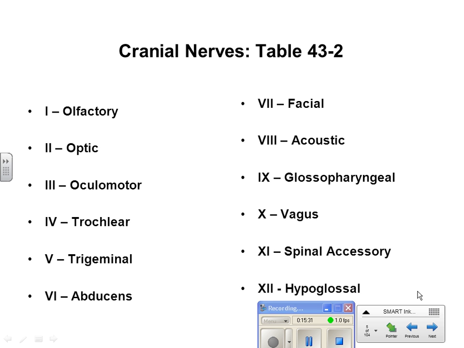How about oculomotor, sensory or motor? Motor, kind of obvious. And what does it involve? Eye movement, specifically your eyelids and your pupils. So when you're doing your neuro checks and you shine that flashlight into the patient's eyes to check for pupil reaction, you're checking for the function of the oculomotor nerve.